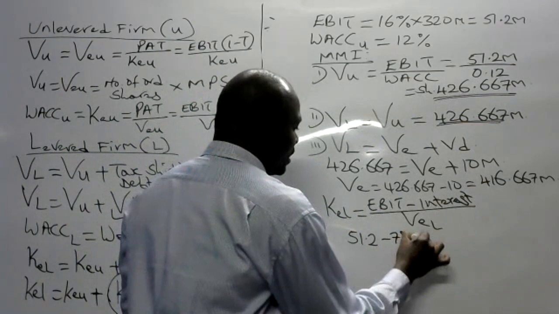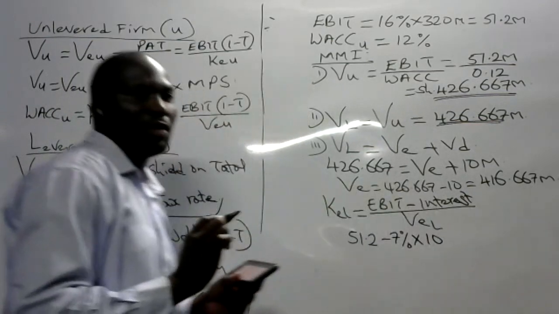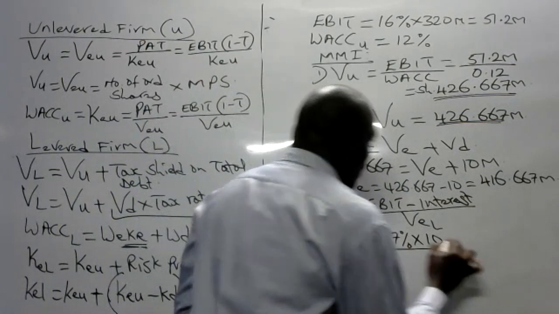How much is our debt? 10 million. Divide by the value of equity, which is 416.667.